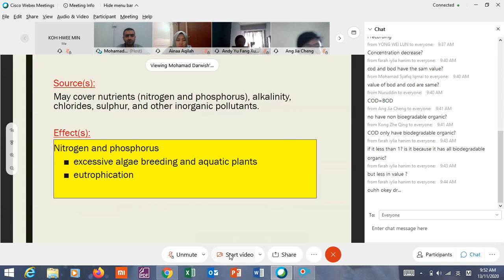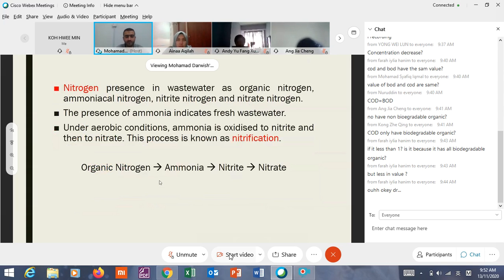So nitrogen in wastewater can be present as organic nitrogen, ammoniacal nitrogen, nitrite, and nitrate. Organic nitrogen can be the organic compound included in the organic matrix.